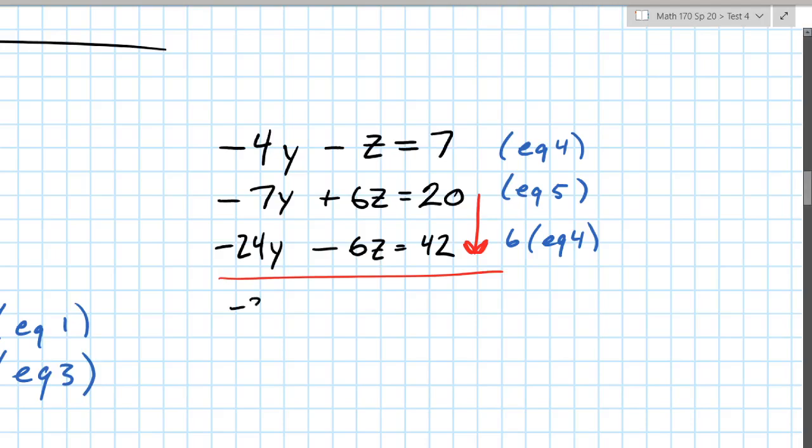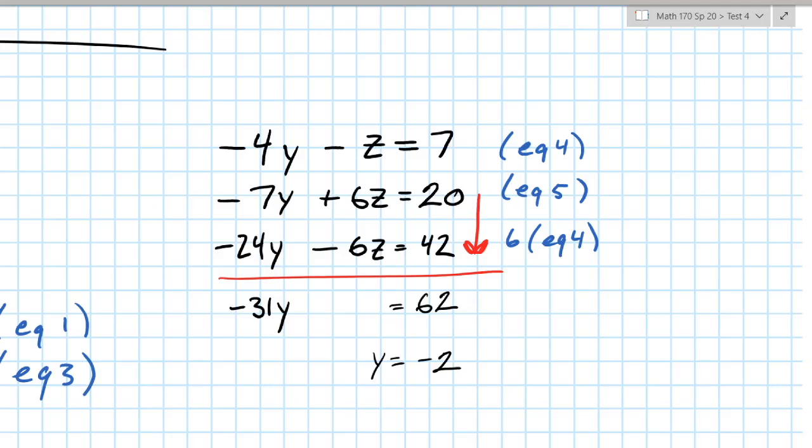We have -31y. The z's are eliminated, is equal to 62. Now I can solve. By dividing both sides by -31, we have y is equal to -2.